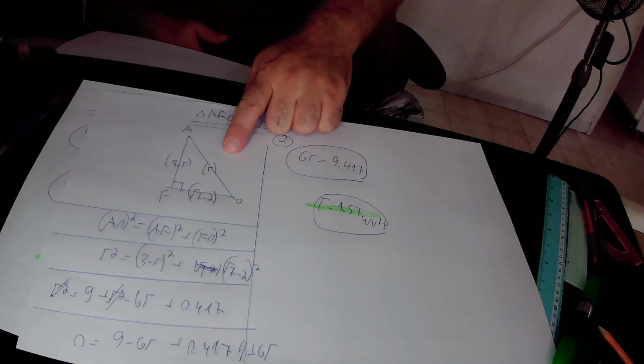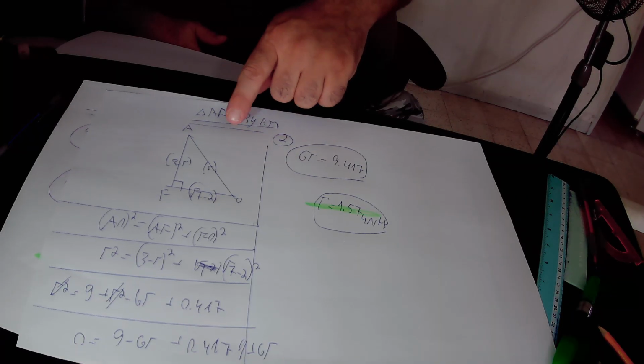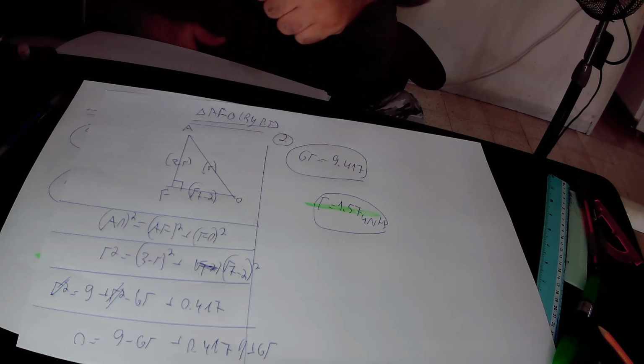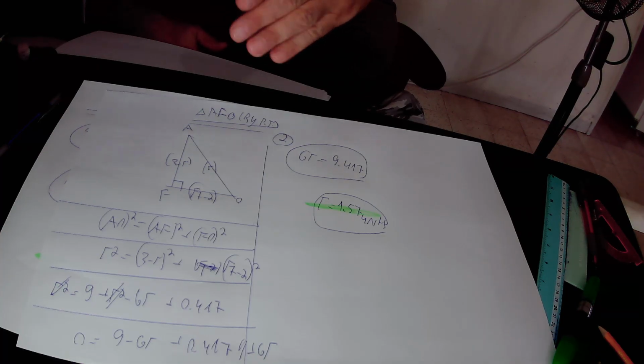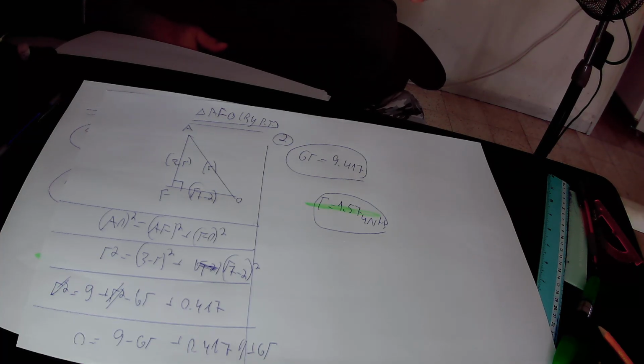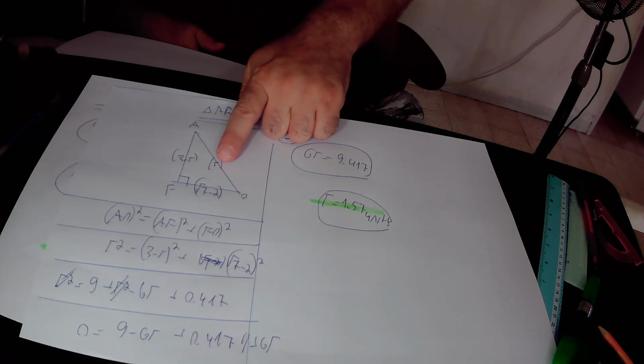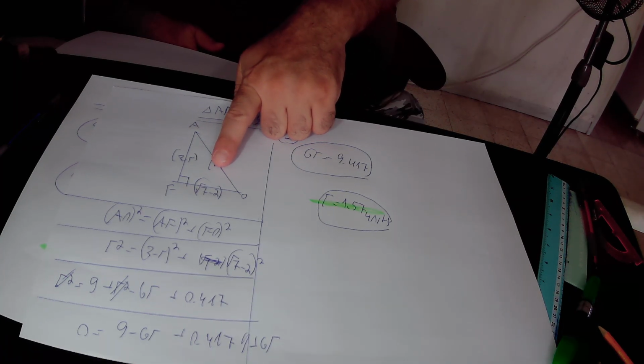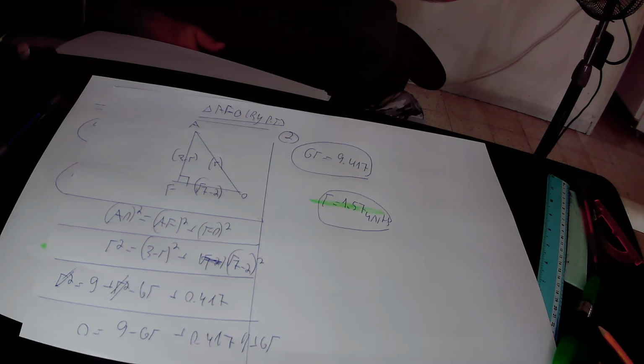AO is R, therefore AO squared is R squared, and it equals AF squared. AF is 3 minus R, therefore AF squared is (3 minus R) squared, plus FO squared. FO equals the square root of 7 minus 2, therefore FO squared equals (square root of 7 minus 2) squared.